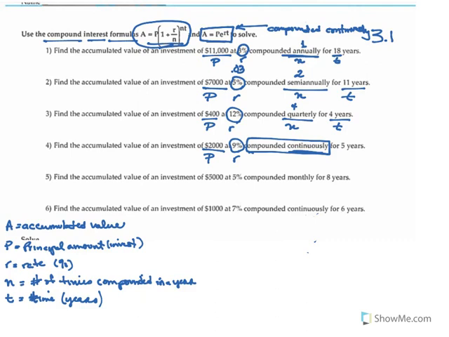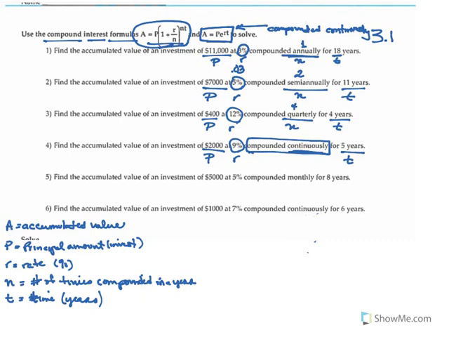So compounded continuously uses a totally different formula. We have a P, we have an R, and we know 5 years is T. N is irrelevant because it's compounded continuously. Remember, N represents the number of times compounded in a year, but if it's compounded all the time, there is no N present.